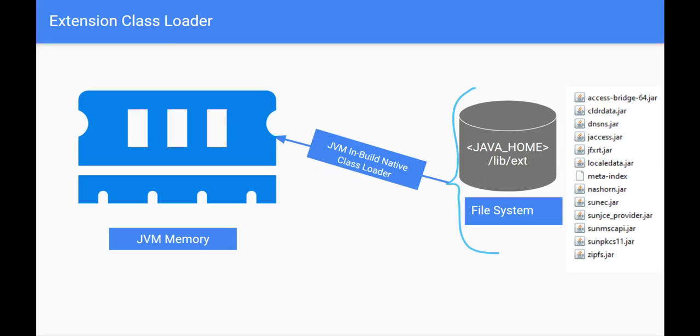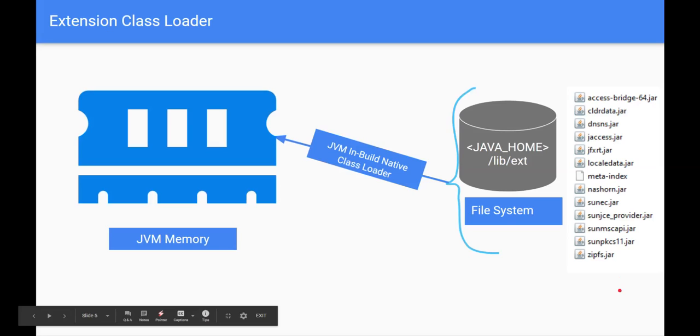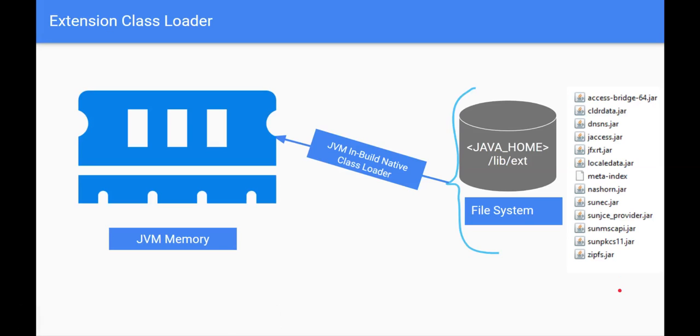By the way, here is one trick: it's not only the jar files that are loaded, whatever is present in the extension directory, as well as if it is not .jar files, those files are also loaded inside the memory.